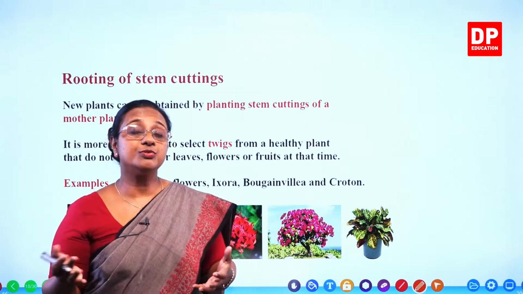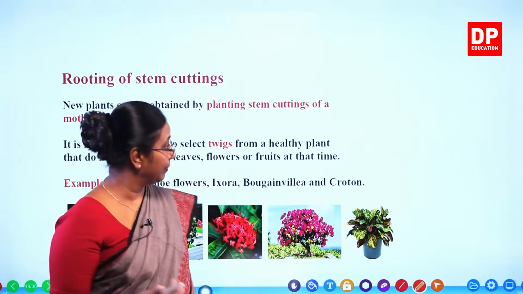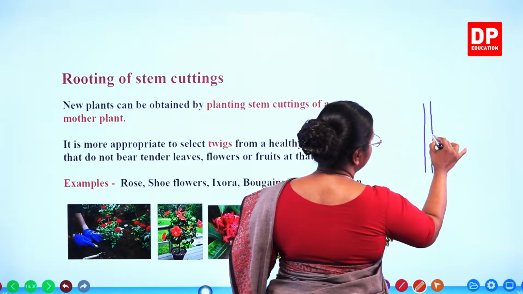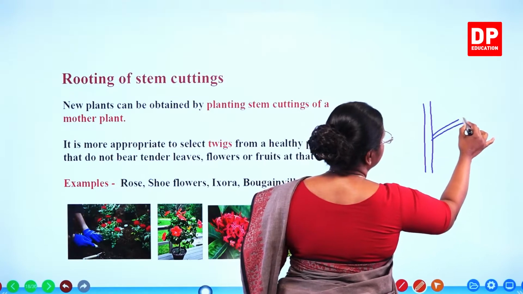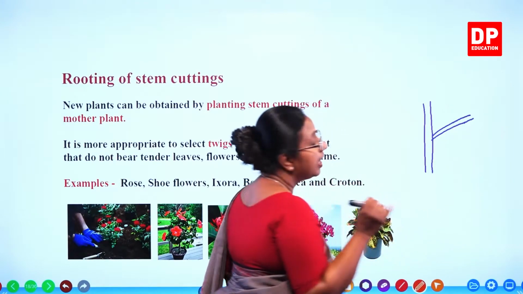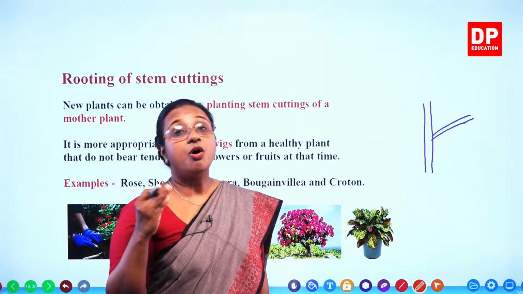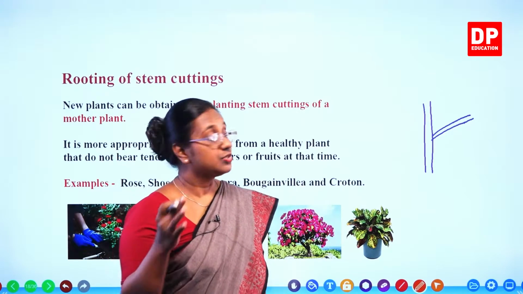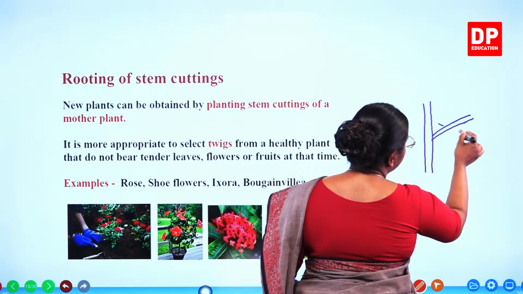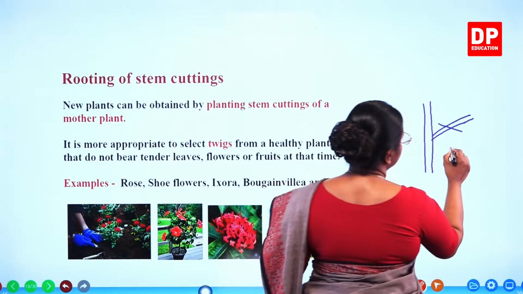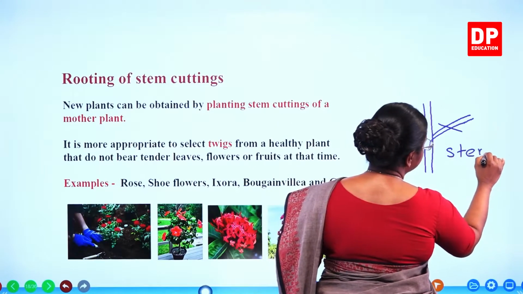There the roots form and that grows into a new plant. If you have a stem like this from the mature plant, we make sure there are no young or immature leaves or fruits or flowers. Then we cut a part of the stem and we replant it somewhere. This is what is called a stem cutting.